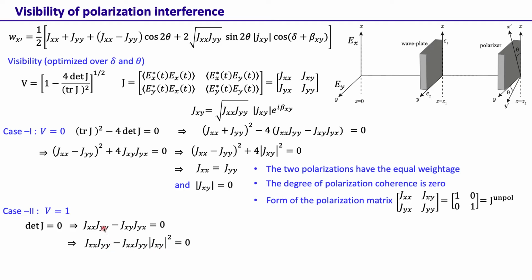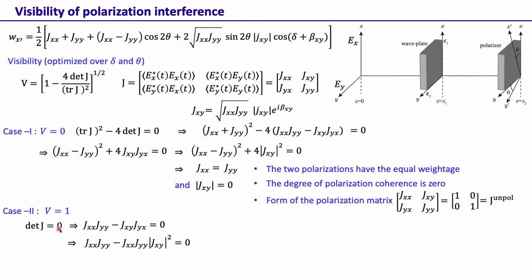This we can write as jxx jyy, and then we are writing jxy like this, and jyx as the complex conjugate. If you multiply those, then the square root goes away, we have jxx jyy, and we have small jxy whole squared, and then e to the i beta xy times e to the minus i beta xy gives us just 1.